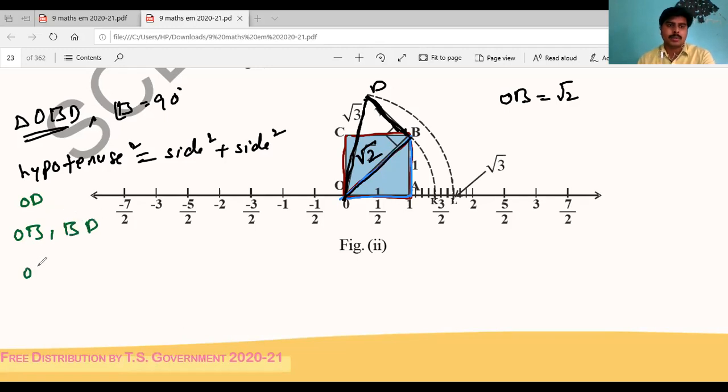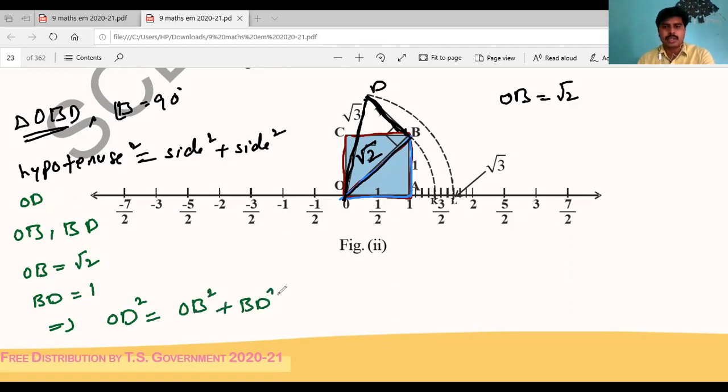Then what is the OB length? That is root 2, right? OB is root 2. Then BD is 1. Apply the concept of Pythagoras. What is the hypotenuse square? OD square is equal to the side squares, OB square plus BD square.